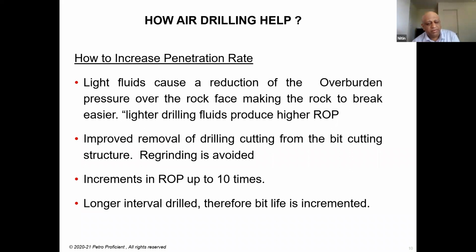We do have a lot of protection at surface to ensure that we do not get any influx from the formation. So if you have a higher ROP, you also have the ability to remove the drill cuttings faster, and you will see that with this technique you can get as much as 10 times higher ROP, and you will see in some case studies how much ROP was incrementally achieved.